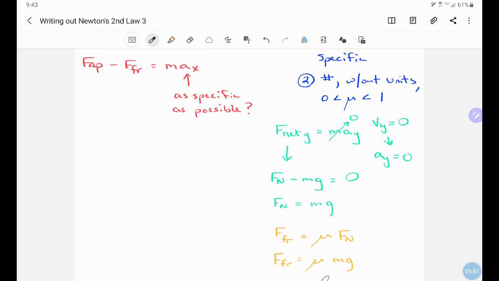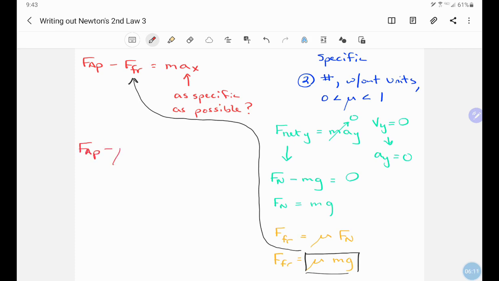From there, I'm going to take this value and put it into my F net equals ma equation in the horizontal direction to obtain my final expression. So we have F_AP minus mu mg equals m a_x. a_x will then be F_AP minus mu mg divided by mass.